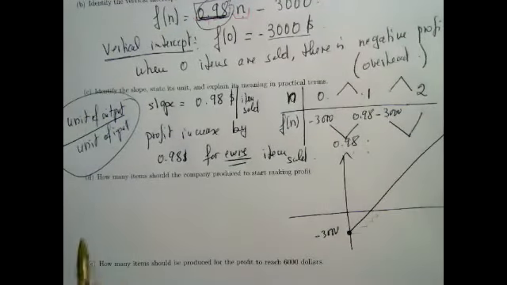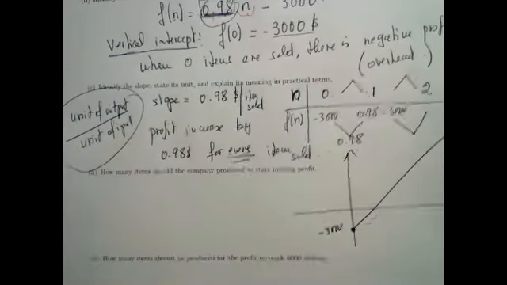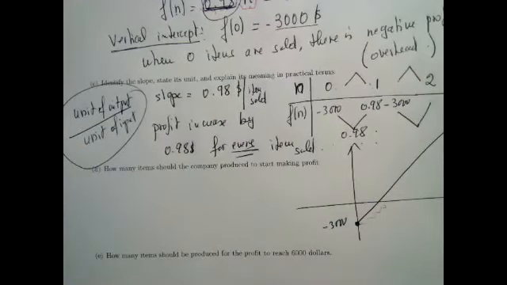So my question is, how many should we produce so we can start making profit? What do you think I should do? What do you think? 3,000 over 0.98, yeah, what kind of formula do we need to set up? In the picture here, what should I look for?